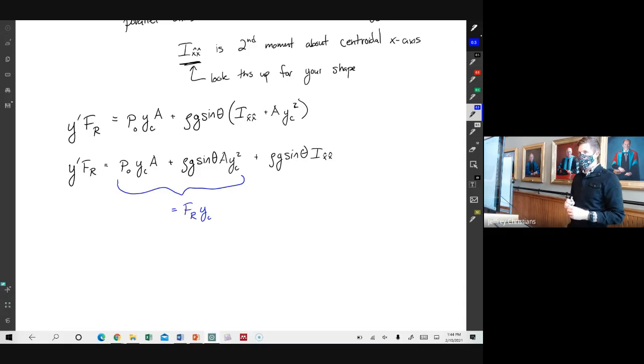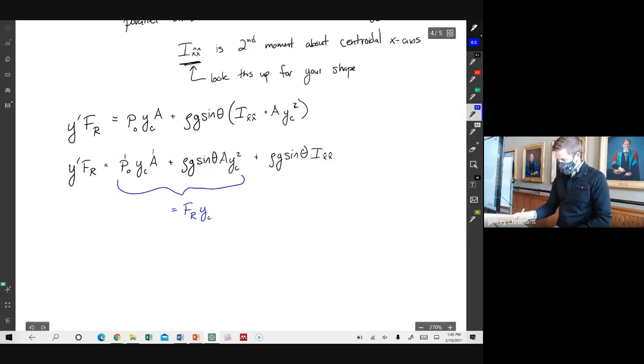The resultant force is pressure times area, and pressure needed one of those yc's. So that really is the resultant force times yc.